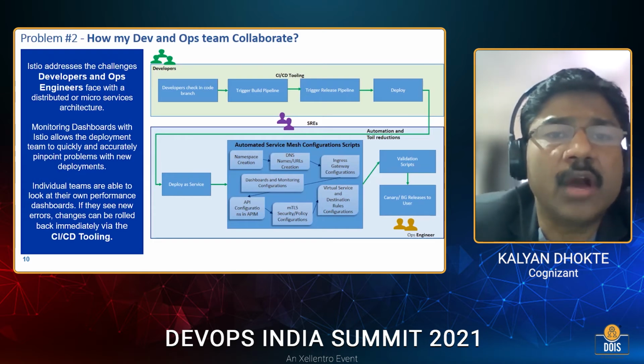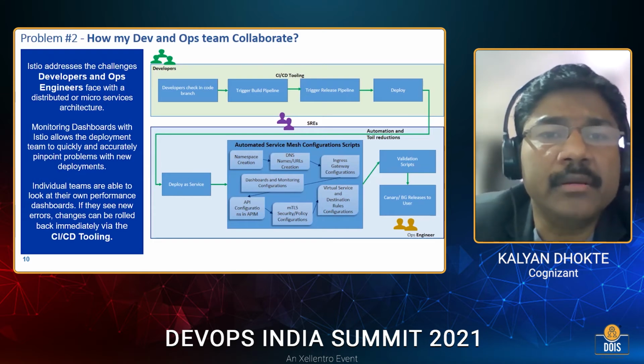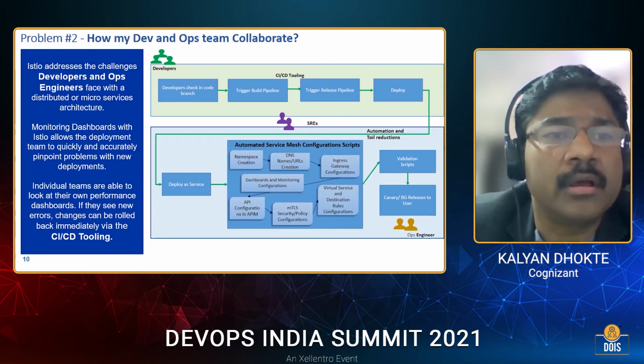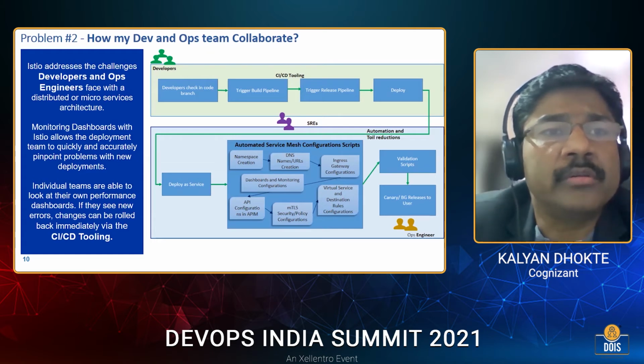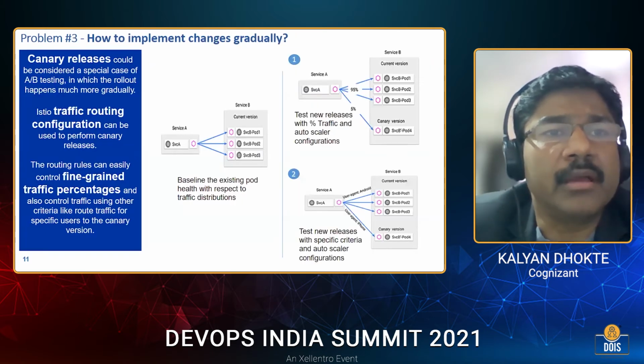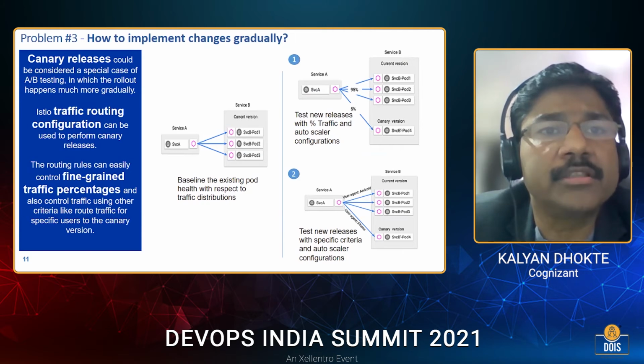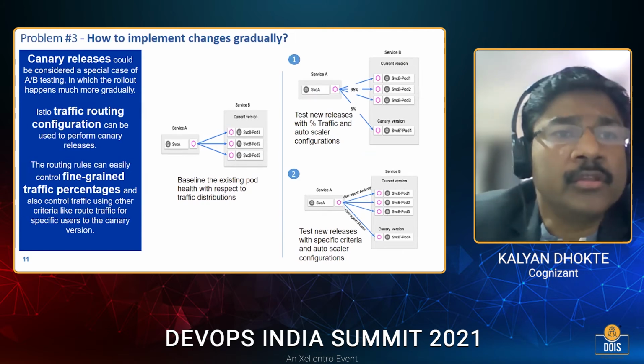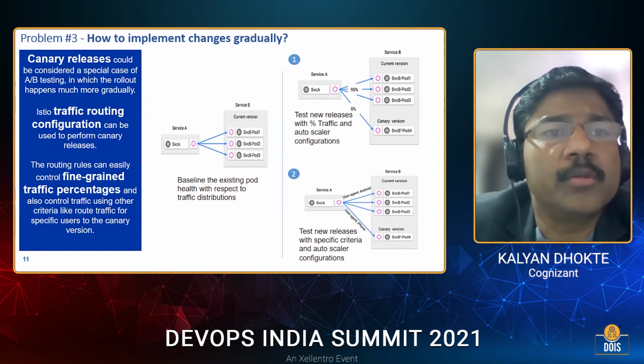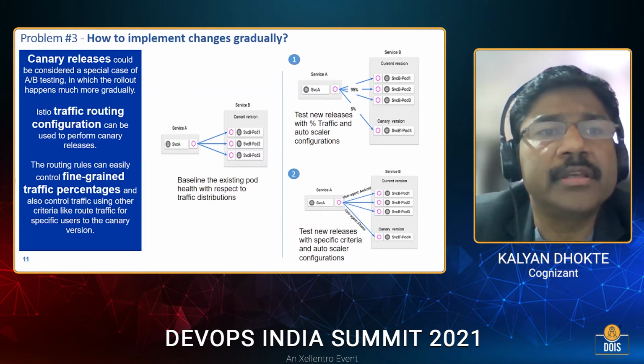Now we'll see how canary releases can be done using Istio Service Mesh. That's the next problem area, where I can see how to implement changes gradually. Canary releases could be considered a special case of A/B testing in which the rollout happens much more gradually.